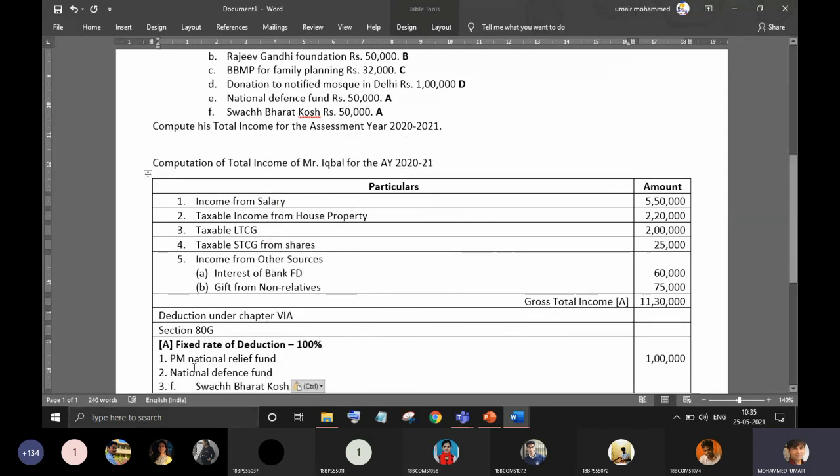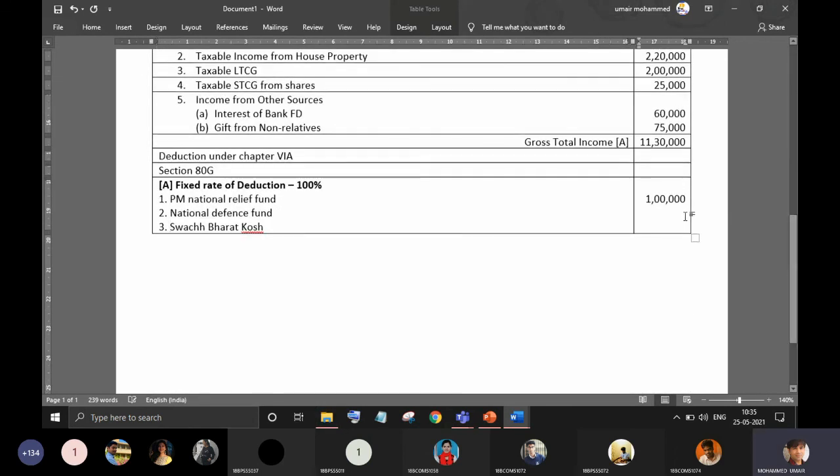The amounts are each 50,000. So let's record the amounts. 50,000. This is also 50,000. Next, we go to category B.